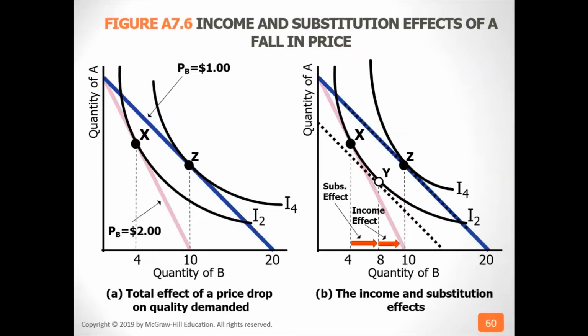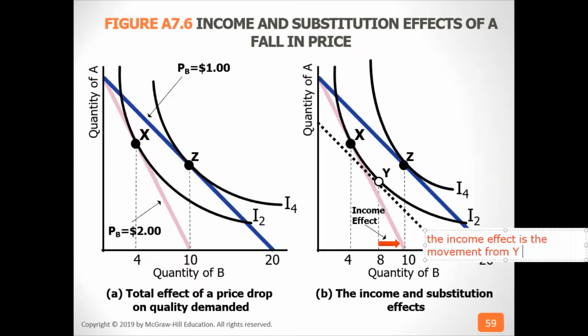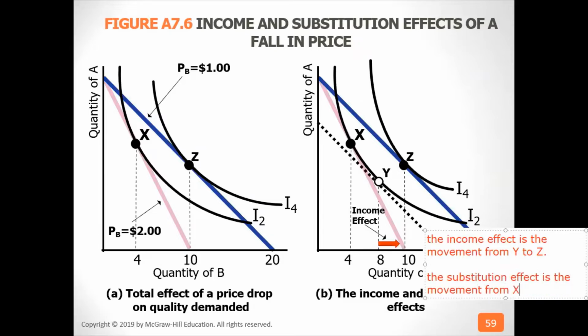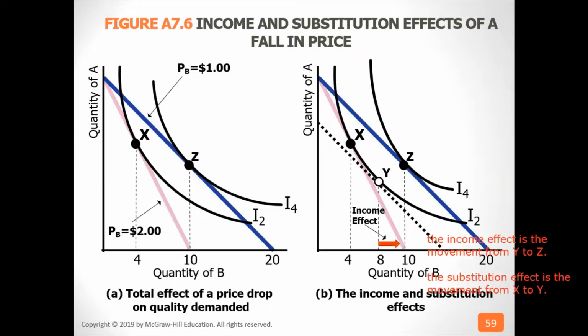In this case, the income effect is the movement from Y to Z, and the substitution effect is the movement from X to Y. Don't worry too much about the movements on the curve, because in this class we're going to talk more about what they are rather than focus on the curve.